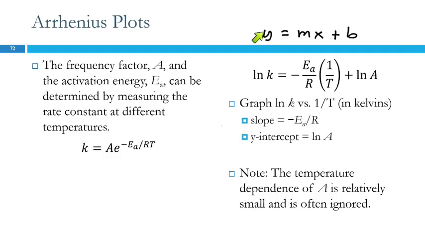So here on the y-axis, we have the natural log of the rate constant. The x-axis is going to be 1 over the temperature in kelvins. So we graph natural log of k versus 1 over the temperature.